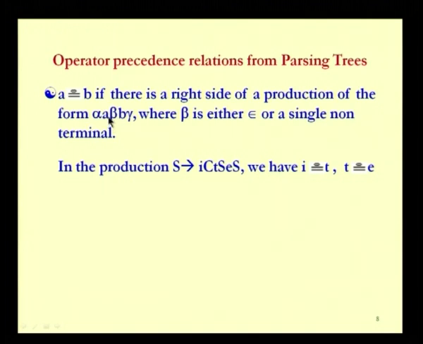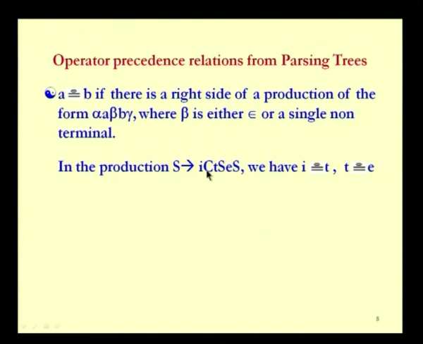Then we have the situation of A followed by a variable followed by B, so two terminals separated by a variable. In that case also we must set A precedentially equal to B. For example, we have a production S derives I C T S E S.